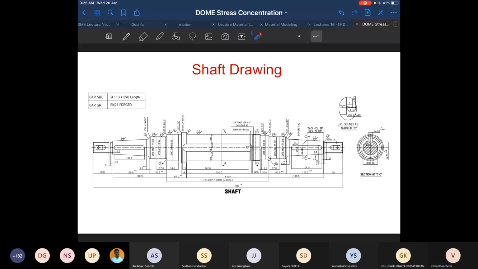No, sir. You will not be able to use it. Those formulas give you something called nominal stresses. But these geometric features cause stress concentration. So let us see graphically what stress concentration means.